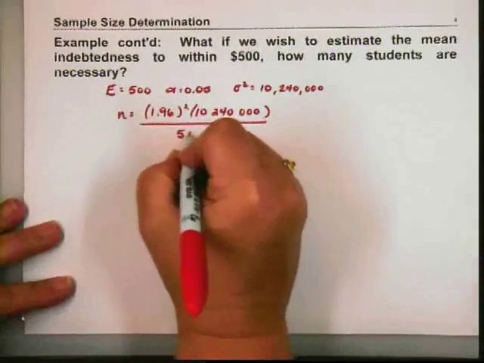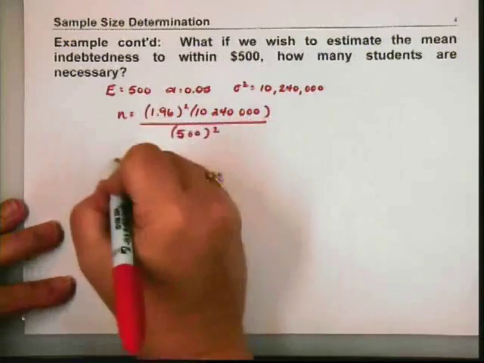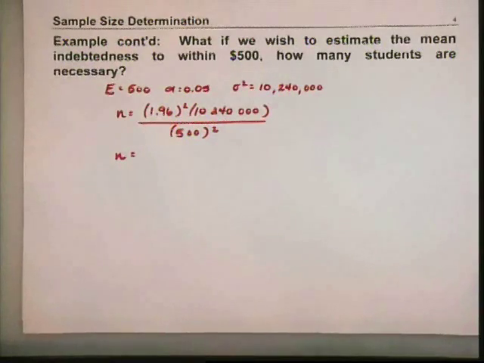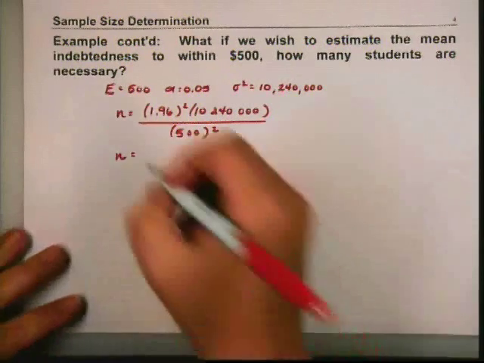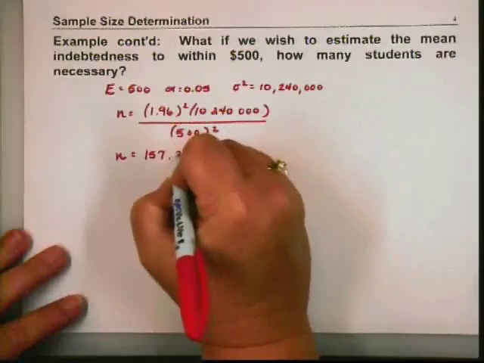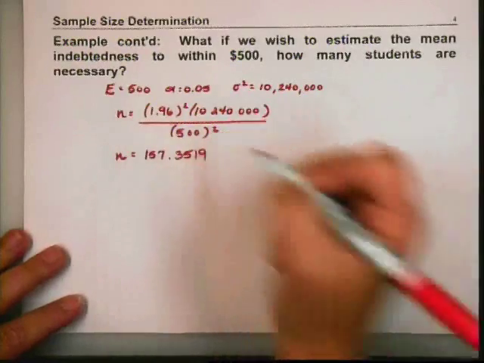This time we're dividing by 500 squared. We have 157.3519.